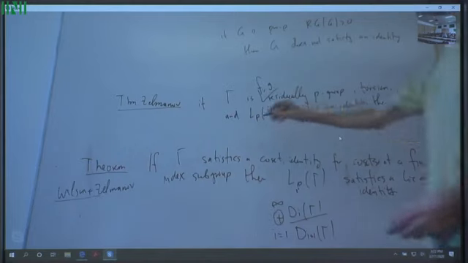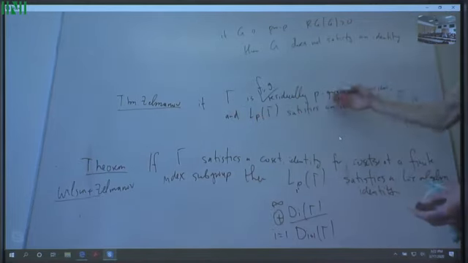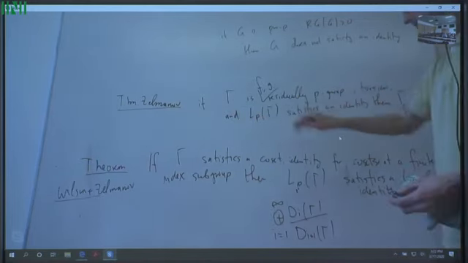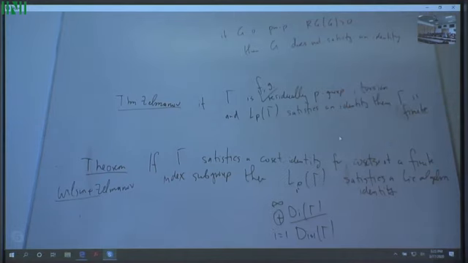Okay, this is part of his solution of, in fact this is the solution of the Burnside problem for p-groups, the restricted Burnside problem. Okay.